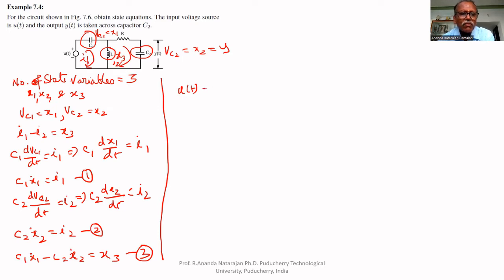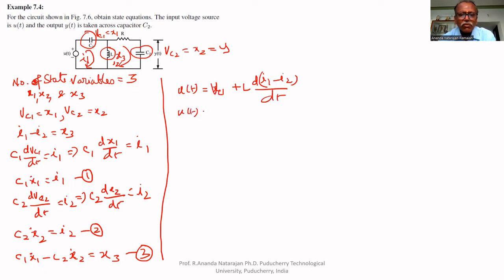Therefore, u(t) equals, what is Kirchhoff's voltage law? Algebraic sum of potential drop and EMF equal to 0. Therefore, u(t) equals x1 plus the voltage across inductor L d(I1 minus I2) upon dt. This is VC1 plus L di by dt.